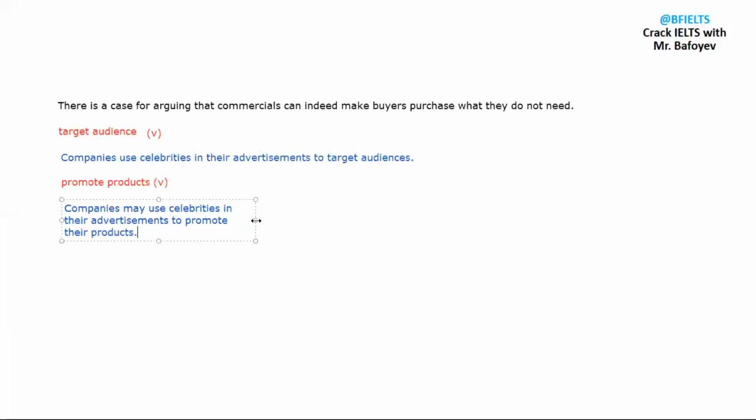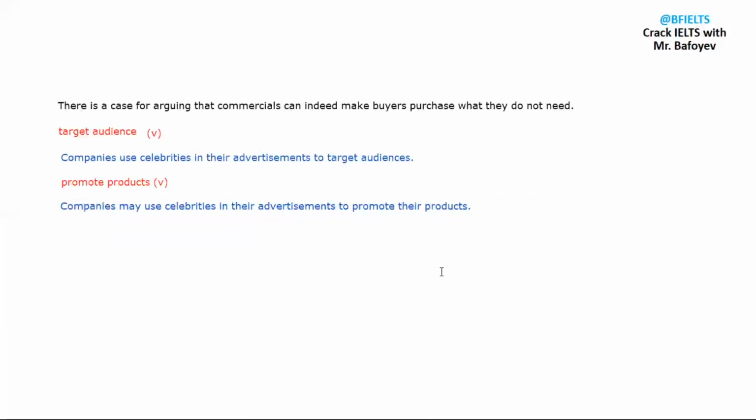Let's say, for example, if they want to advertise clothing, then they may be interested in bringing in some models who are role models for teenagers. So looking at what their idols are wearing, teenagers might be somehow influenced into buying those products as well.